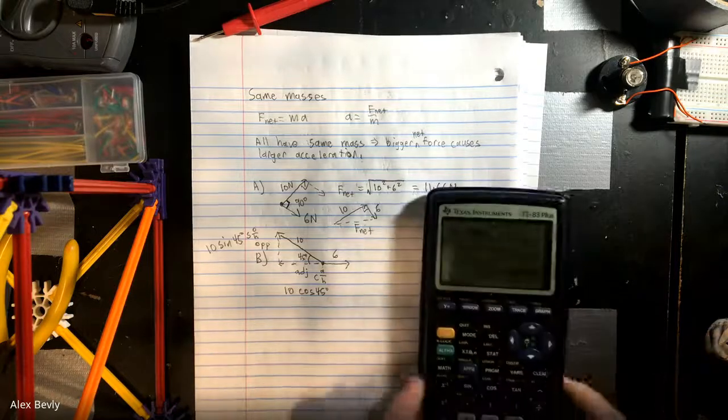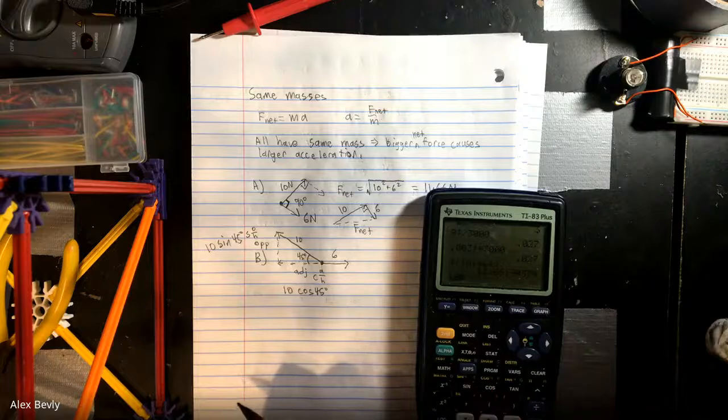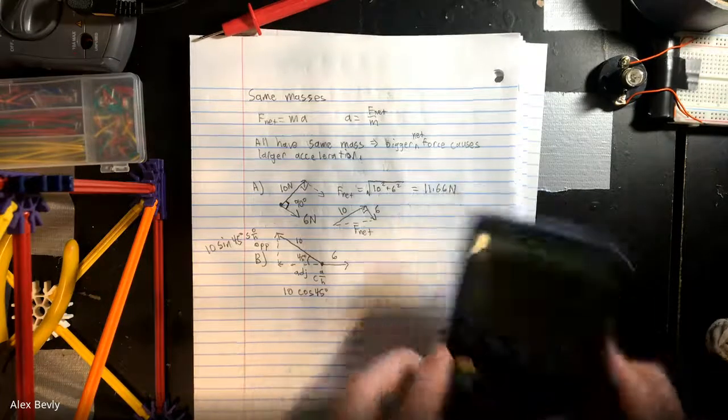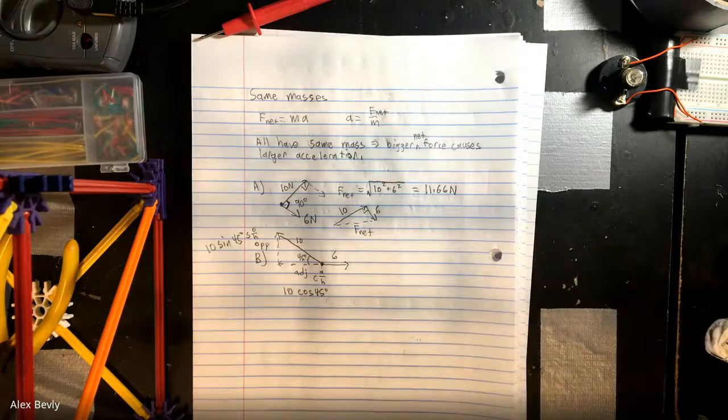So we have 10 sine 45. Make sure we're in degree mode.